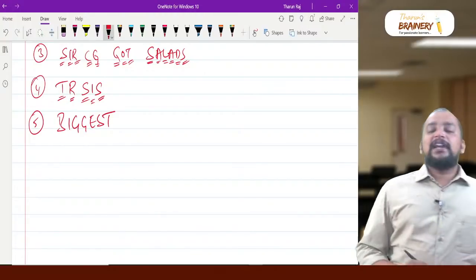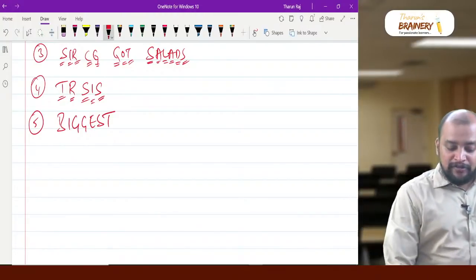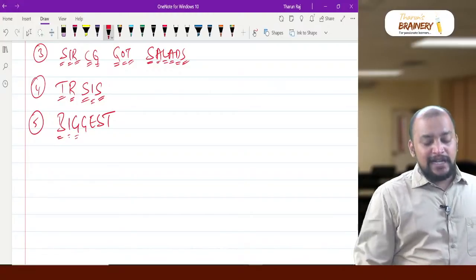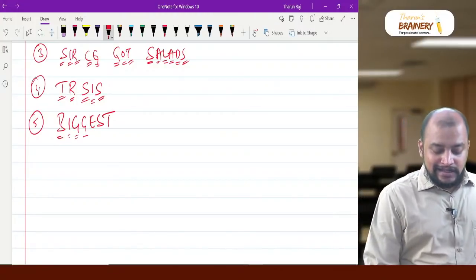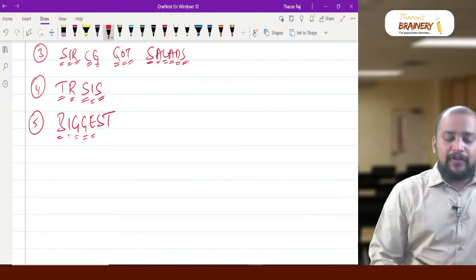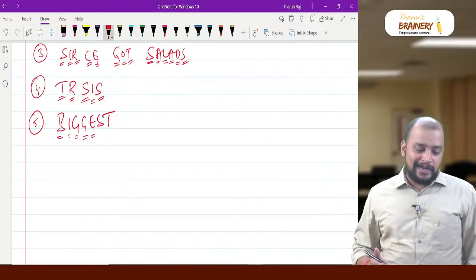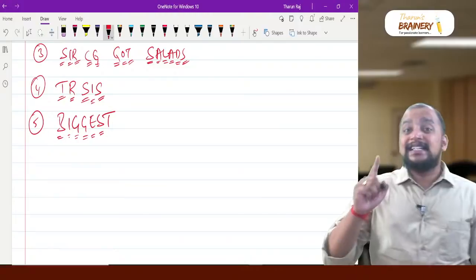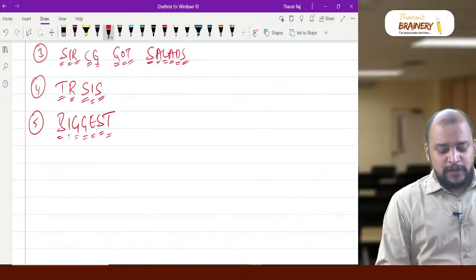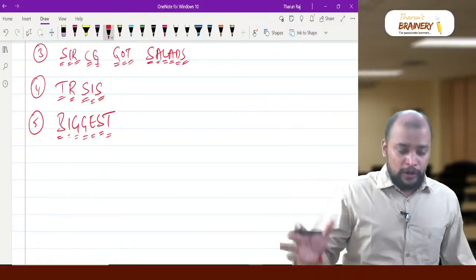When e-invoice is not applicable: B for banking company, I for insurance company, G for GTA services, and next G is government department or local authority, E for exhibition of film in a multiplex theatre, S for SEZ unit, not SEZ developer, SEZ unit, and T for transportation of passengers by any mode.